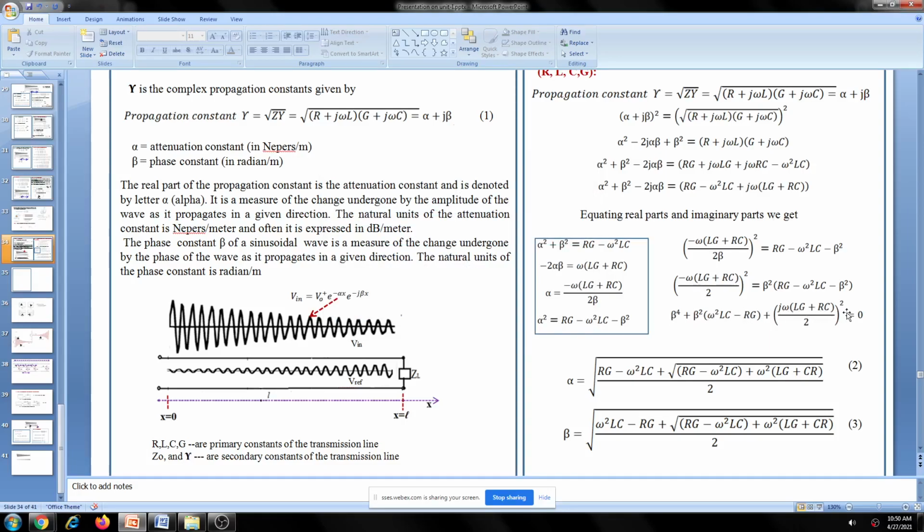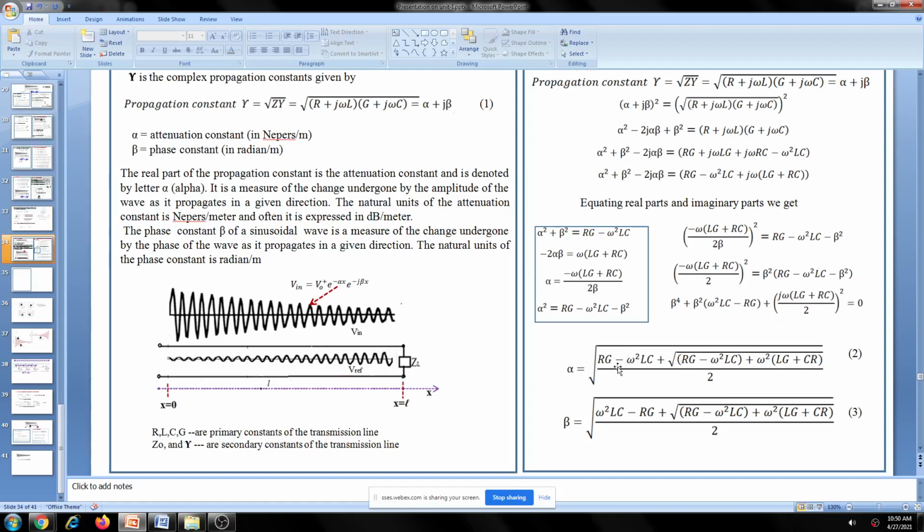For the solution of this quadratic equation, the solution is plus or minus some expression, the standard quadratic solution. If you apply that, we will be getting this. So alpha is given by this equation and beta is given by this equation.